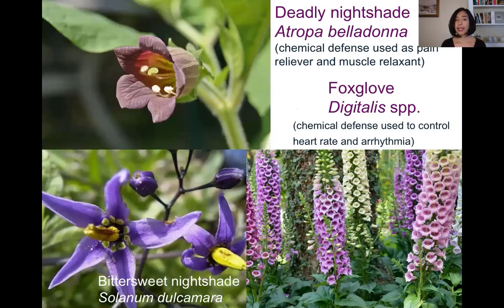It produces a chemical to defend itself, atropine, and that chemical can be used as a muscle relaxant, and we use it to dilate the pupil in the eye. Ophthalmologists often use that to dilate the pupil.